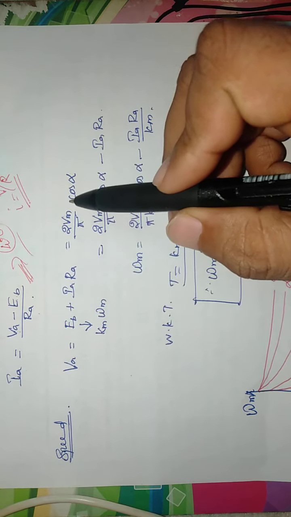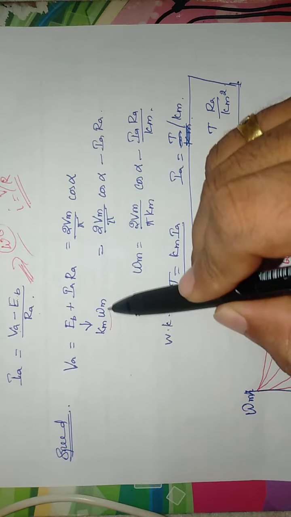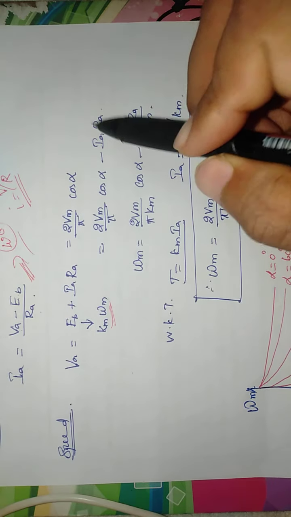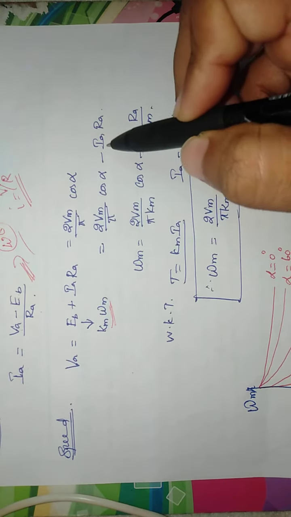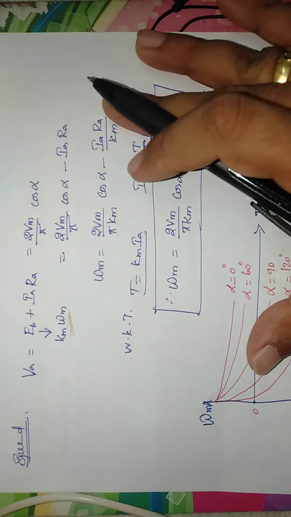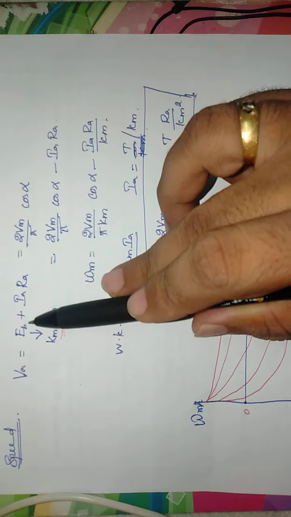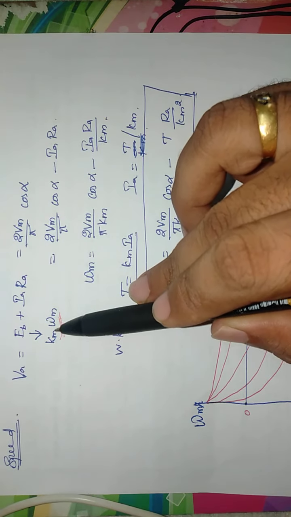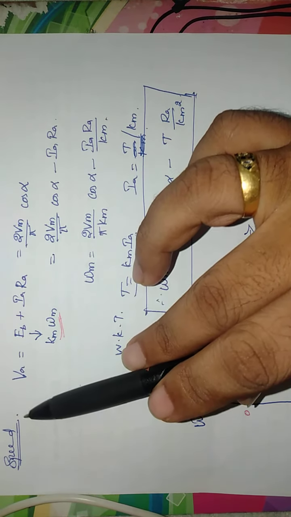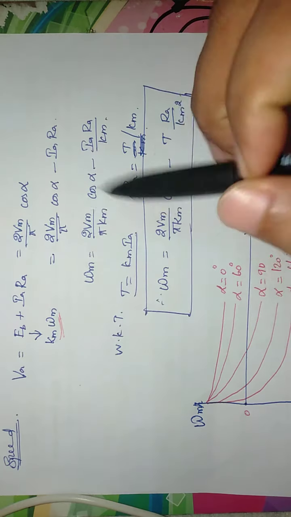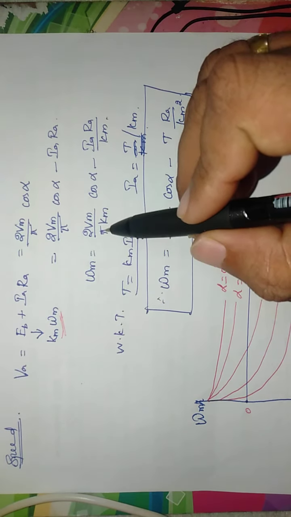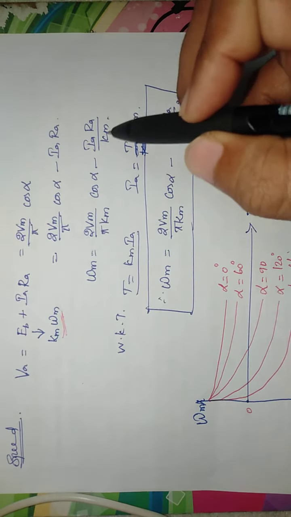Equating these two equations, and since Eb is equal to Km into omega m, the remaining terms come here: 2 Vm cos alpha minus Ia Ra, equals Km into omega m. Omega m is the thing we need to find the speed, so the remaining terms go into the denominator: omega m equals 2 Vm divided by pi Km cos alpha minus Ia Ra by Km.